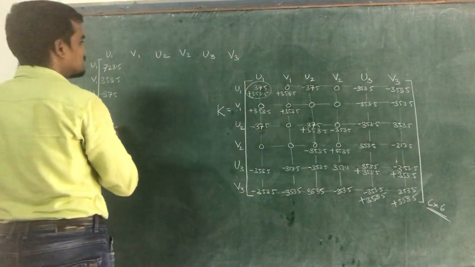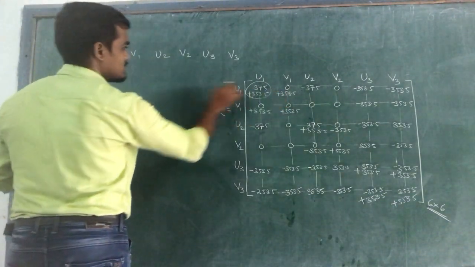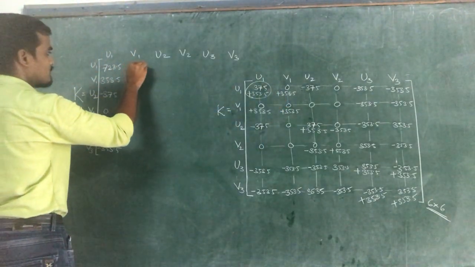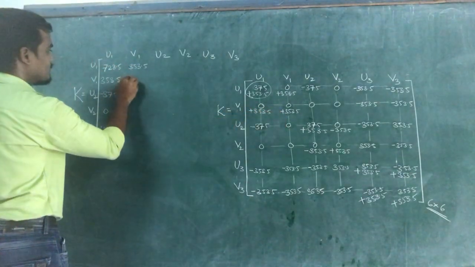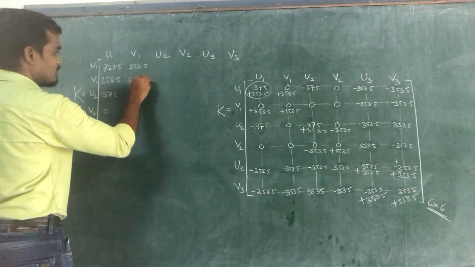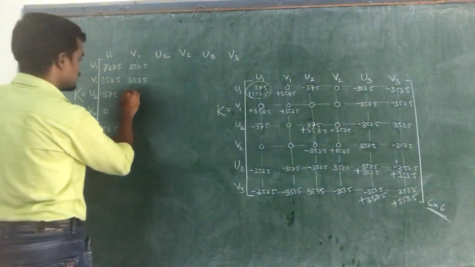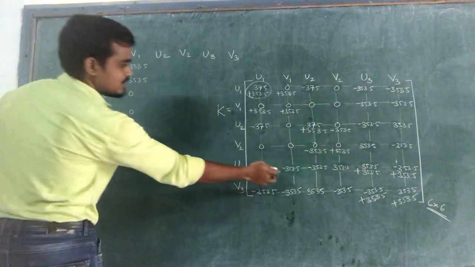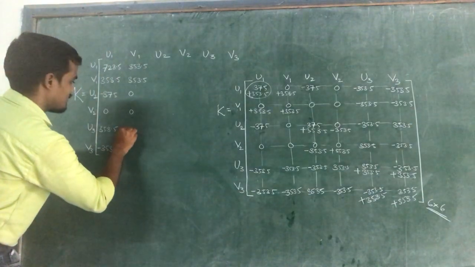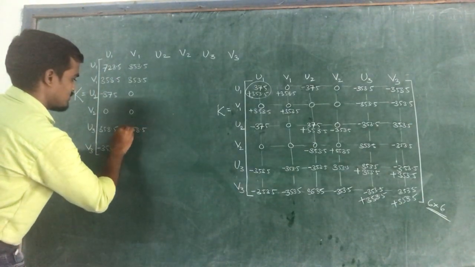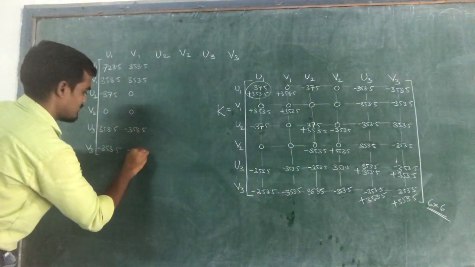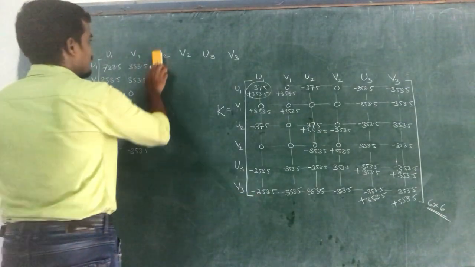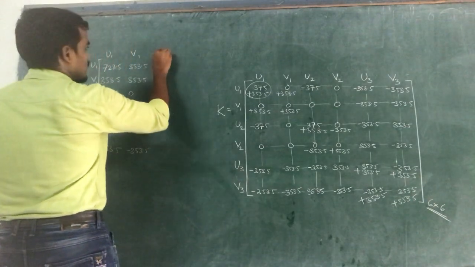Now V1 row. 0 plus this 353.5, 0 plus this 353.5, 0, 0, 0, 0, minus 353.5, then minus 353.5. Then U2.